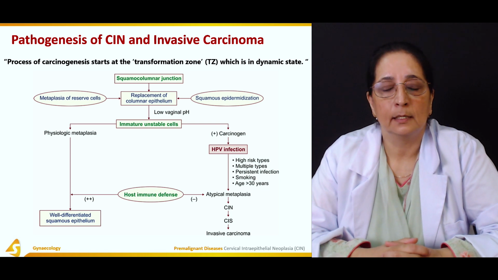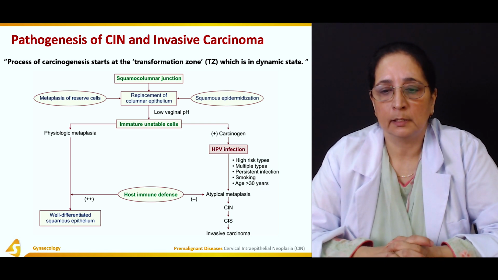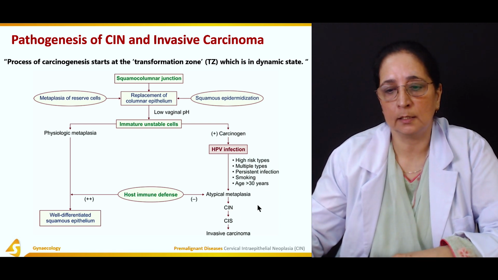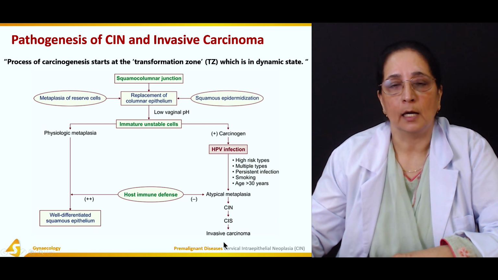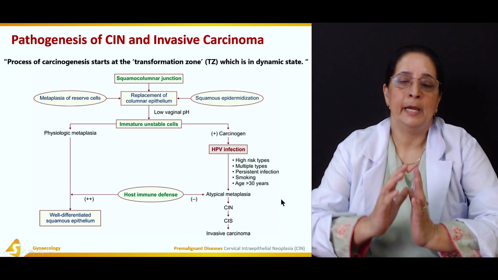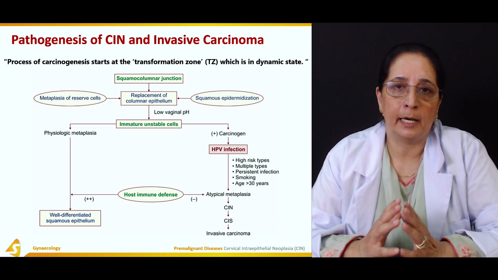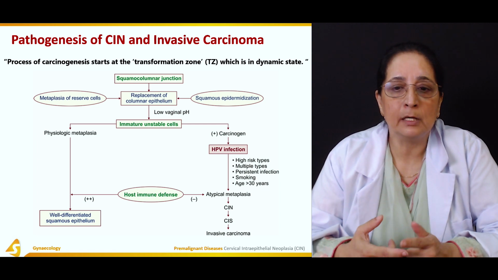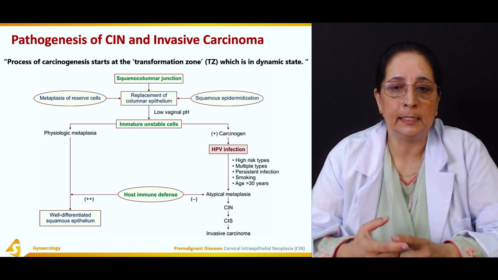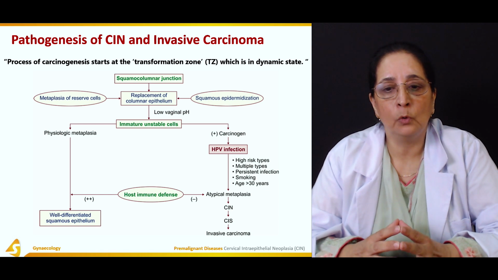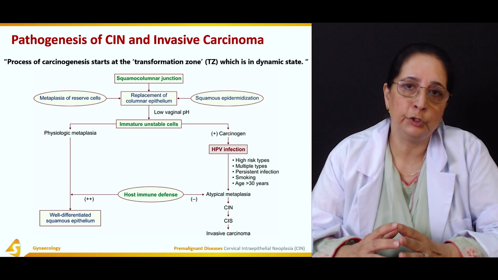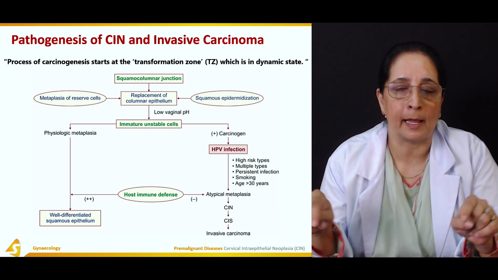And then there is cervical intraepithelial neoplasia or carcinoma in situ, and that can lead to invasive carcinoma. So the main thing is at the transformation zone, when there is replacement of columnar epithelium in the presence of low vaginal pH, it leads to immature cells. Immature cells now can have two pathways.